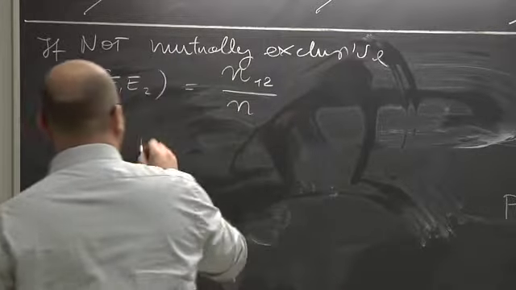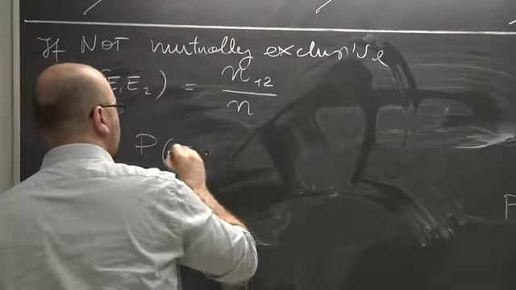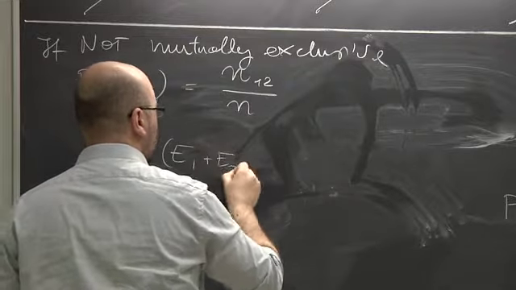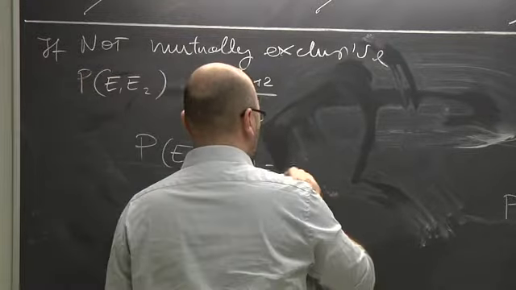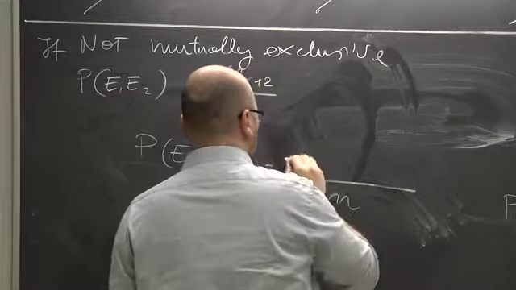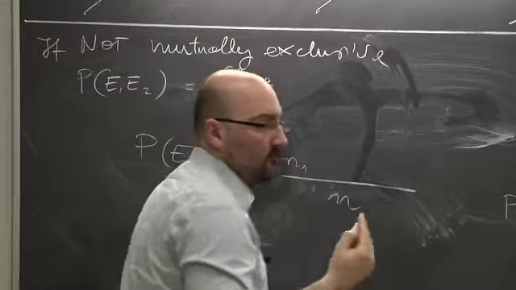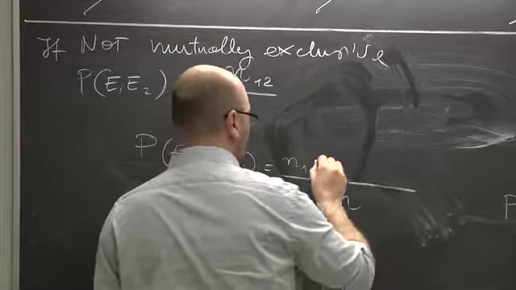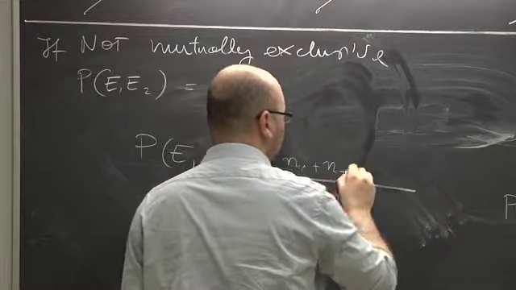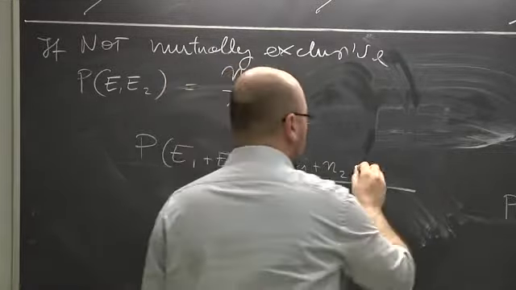So the probability to have event 1 or event 2 is the probability that we have event 1 alone plus the probability that we have event 2 plus the probability that we have both.